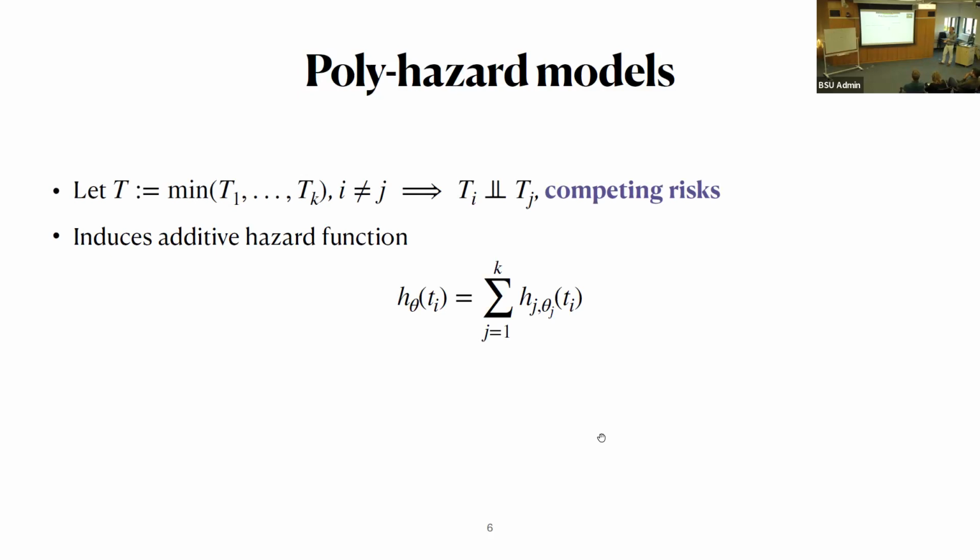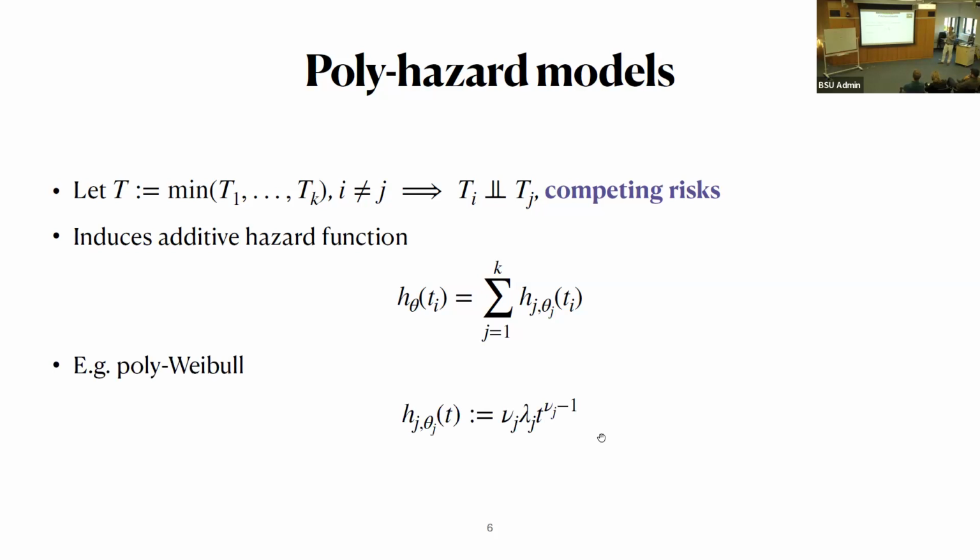So the hazard function can be written as a sum of lots of individual hazards associated with each of the possible risks. If you're talking about mortality, one of the risks could be just generic all-cause old age mortality, and another risk could be a car accident or something. So there are different risks, and you can set up your modeling this way. And this is what you would think of as a polyhazard model.